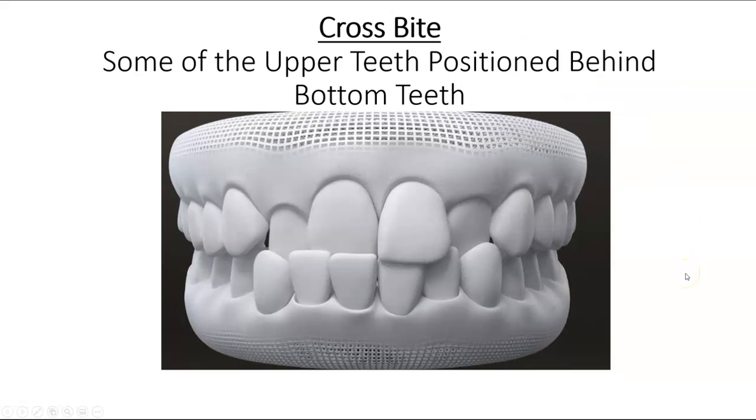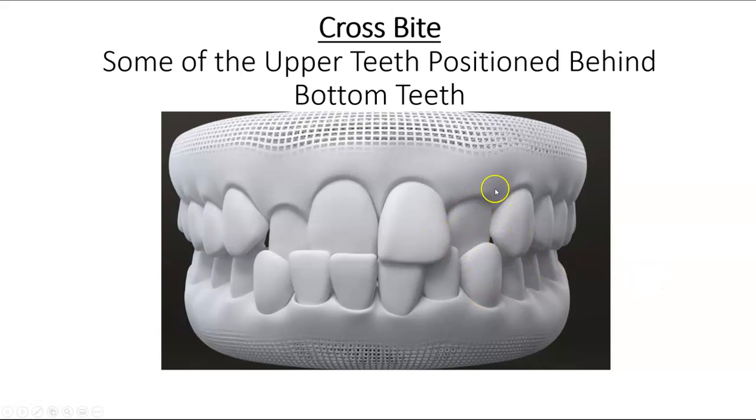Now, if you look at the next one, is what's called a crossbite. In this category, we see some of the upper teeth positioned behind the bottom teeth. And unfortunately, that's not the normal bite because there's interferences when you have to chew or when you're trying to move back and forth. In this case, we categorize this as a crossbite because the top teeth sit behind the bottom teeth.